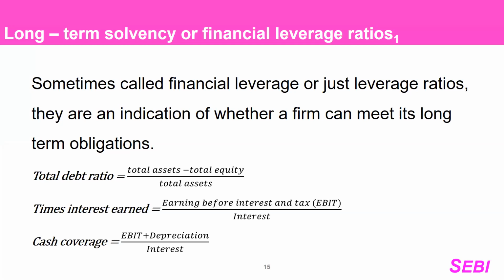It's an attempt to understand the cash that originates from operations, but the numerator is not exactly the cash that you have from operations, it's an approximation. But here it looks at, again, how much of the interest you can cover.